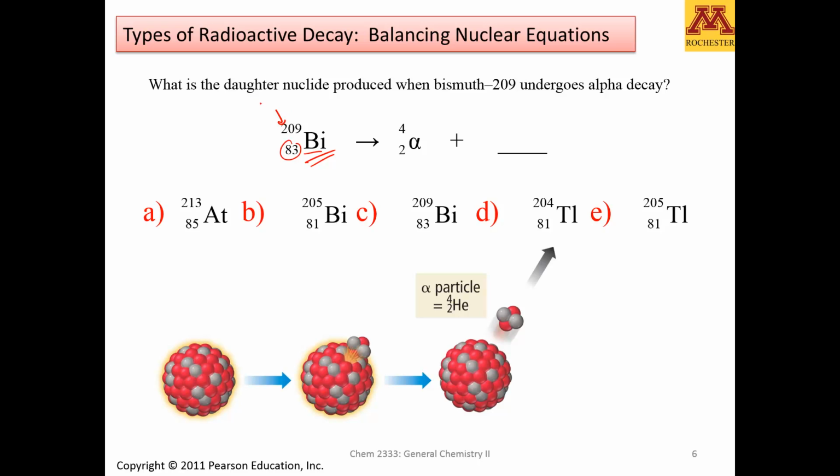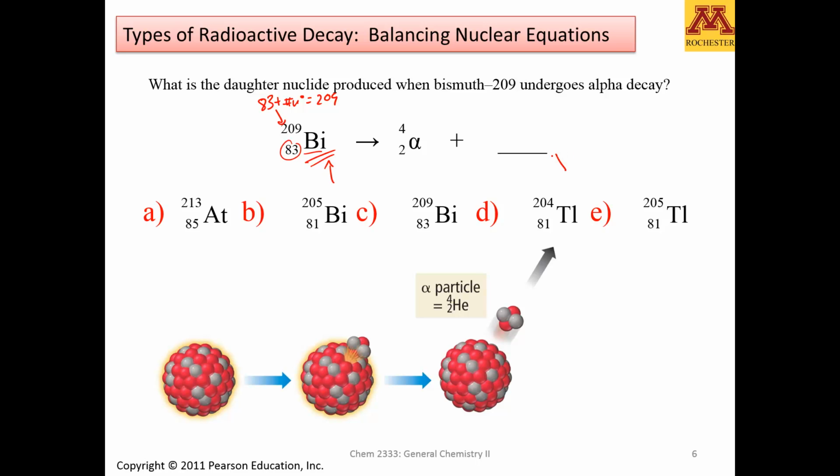This number up here is the combination of protons and neutrons. So in this case, bismuth decays emitting an alpha particle, in other words, a nucleus of helium, and it means that this bismuth atom loses 2 protons and 2 neutrons.